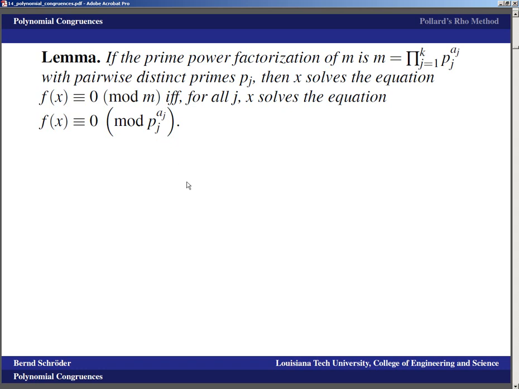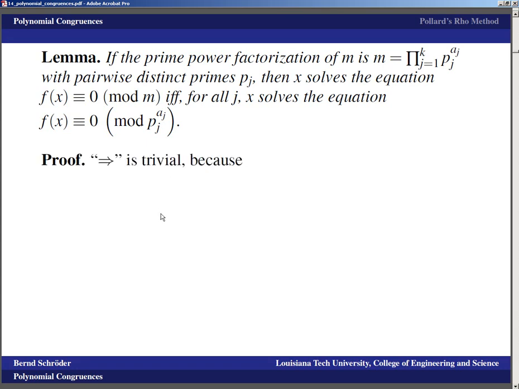So that means that when you've got a really big modulus with a lot of factors, you can break that down into a smaller modulus by taking care of the prime power factors of the modulus first.